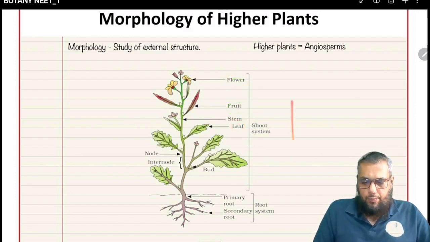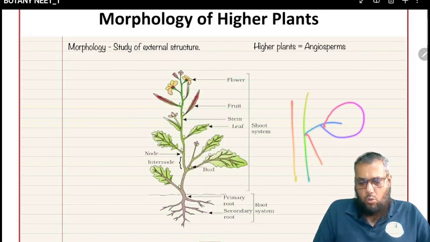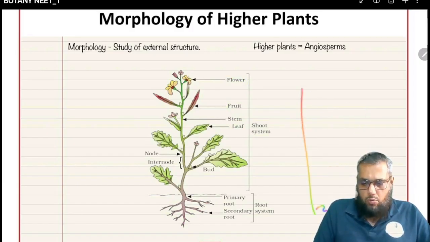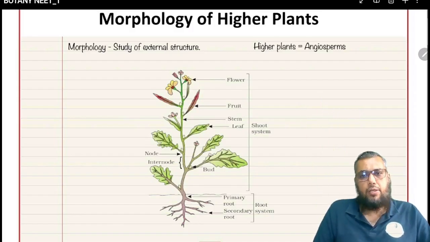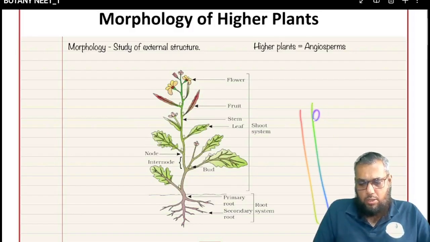The place where the leaf is attached to the stem is called a node. Now, I have got two nodes. And the distance between the two nodes is called an internode. So if you have 1, 2, 3, 4 nodes, the number of internodes will be 3.